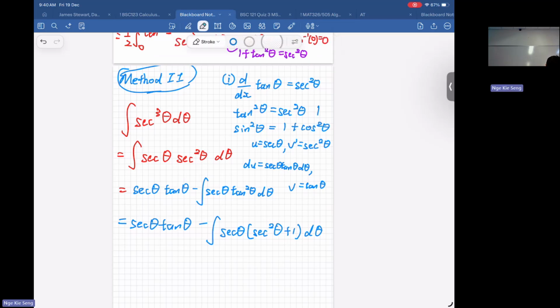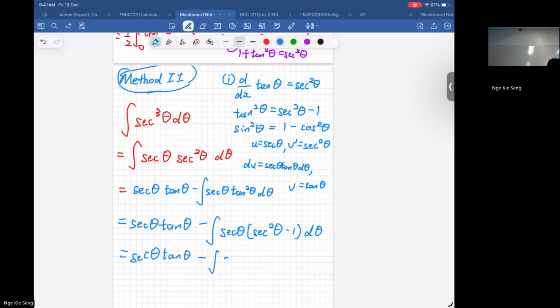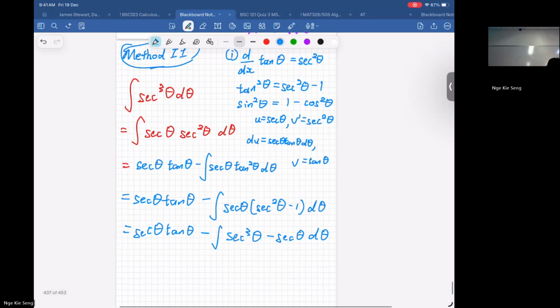Okay, it should be minus here. So this is minus, and this will become secant cube theta secant.